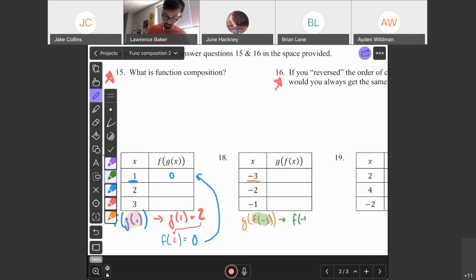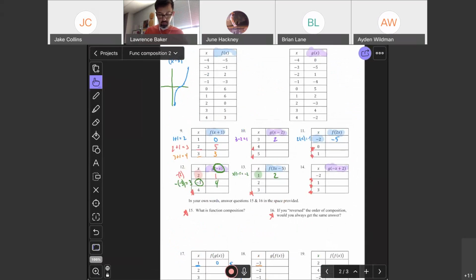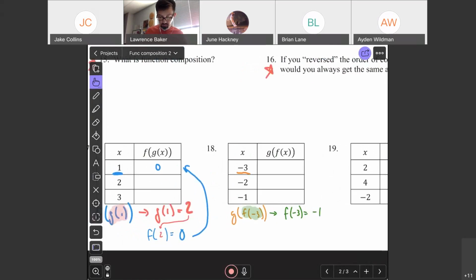Yes. So what's f of -3? That is -1. Okay, so f of -3 is -1. So now that we know that, what do you do with that -1? So it would be -1 times -3.